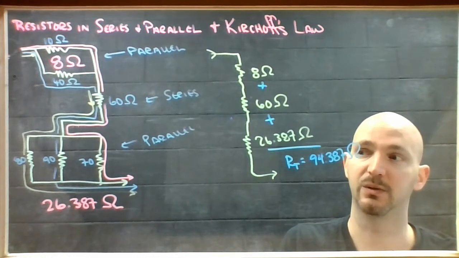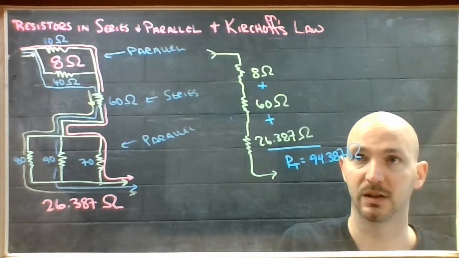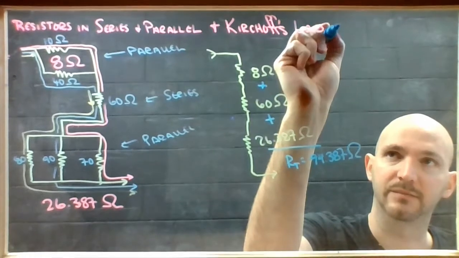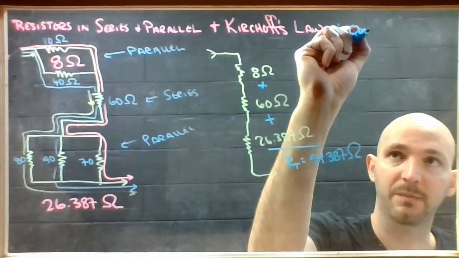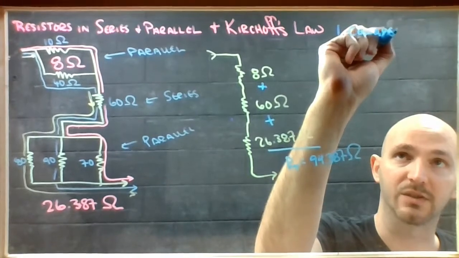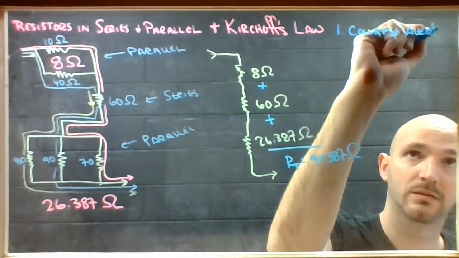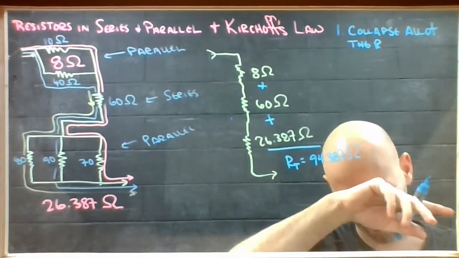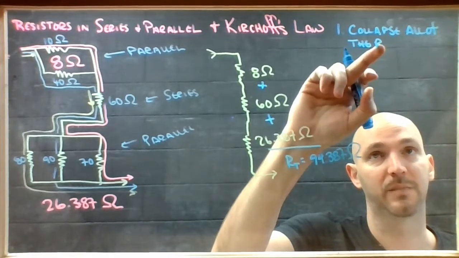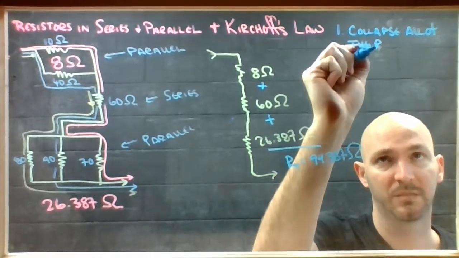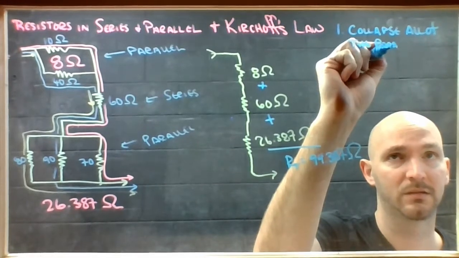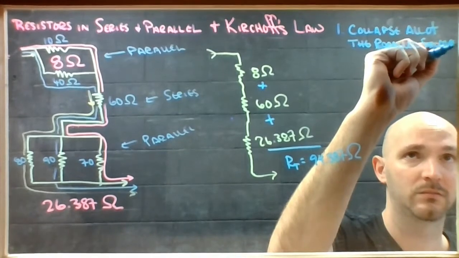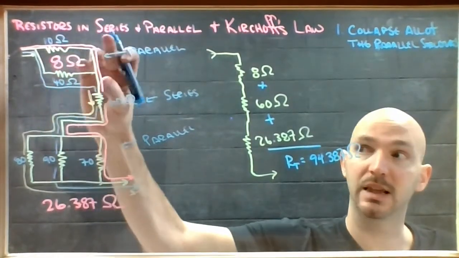So if I were to go through this problem and put these steps in order, because steps are nice. First thing you did was collapse all of the parallel structures. Parallel starts with P. So basically, I found out what this thing was worth.